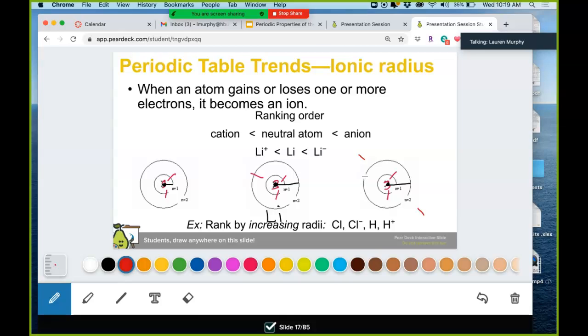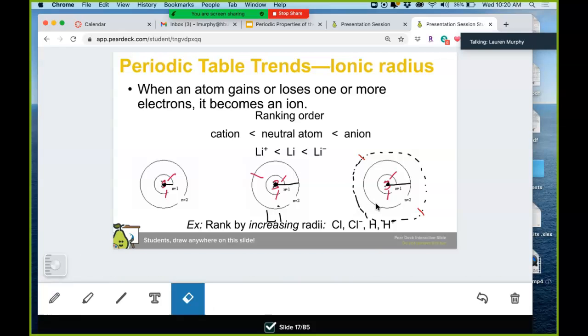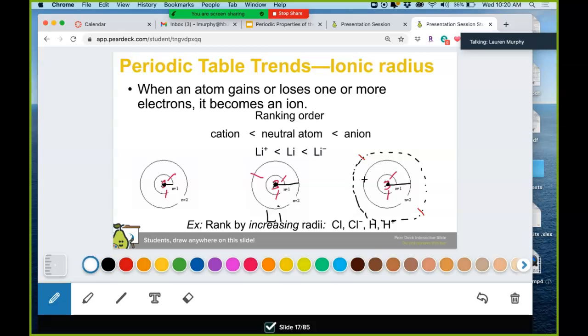So now here's the deal. They don't create a new ring. All they do is expand where the ring is. I don't create a new shell. I'm still n equals 2.